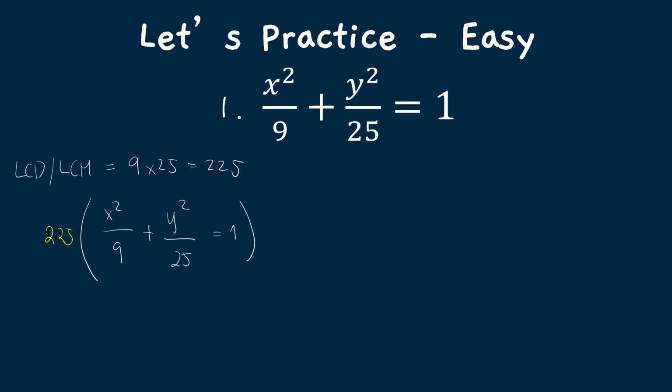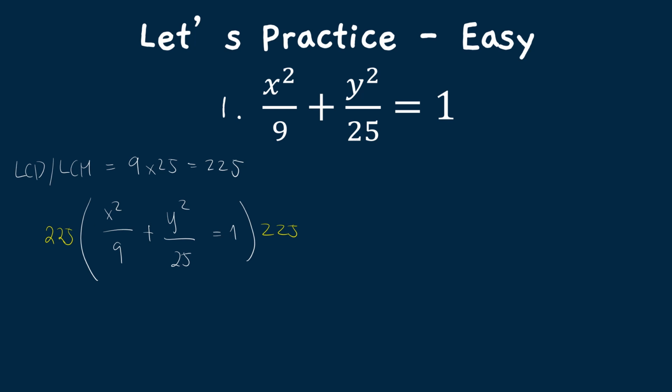Then multiply it again by 225. And then you can multiply each term by the LCD, or you just divide the given LCD by the denominator of each fraction or term. So 225 divided by 9 is equal to 25. You can use your calculators to counter check your answers.